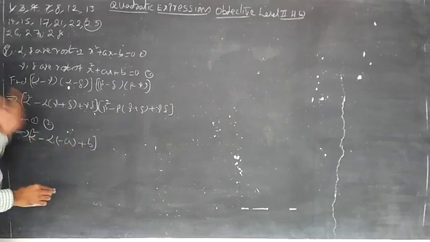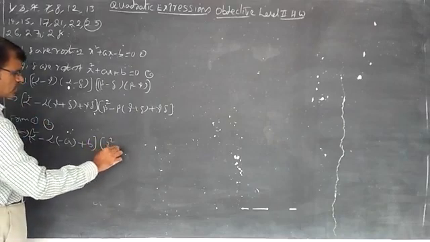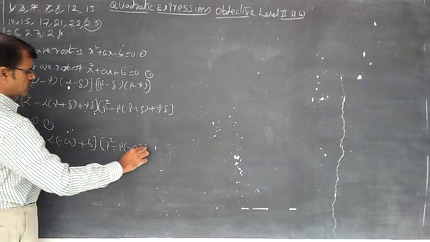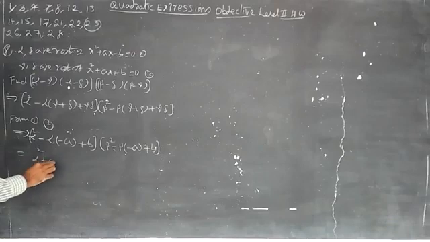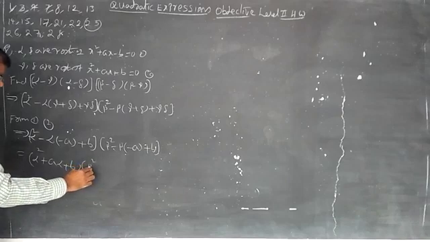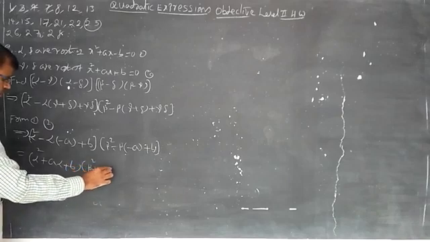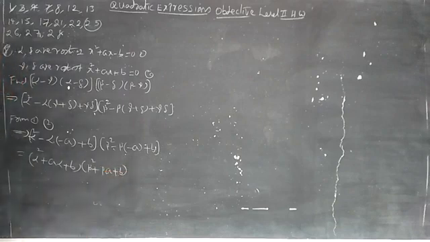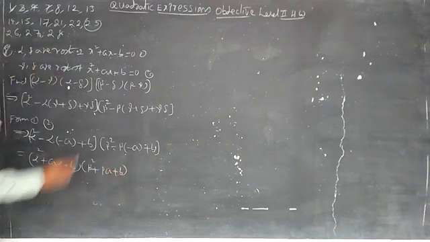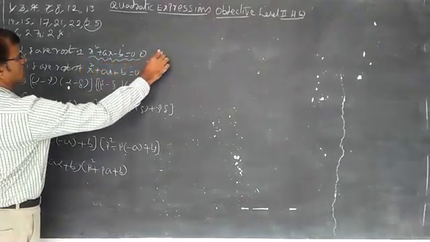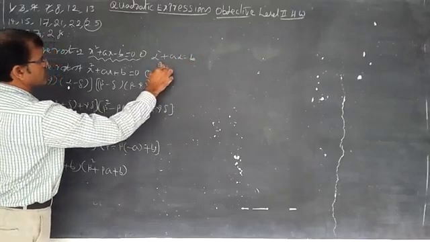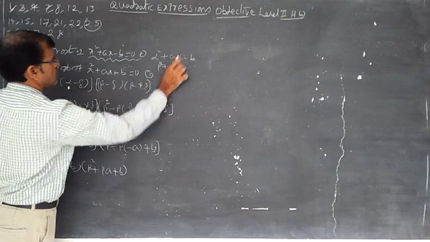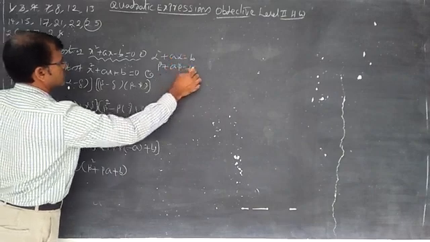Alpha square plus a alpha plus b into beta square minus beta into minus a plus b, that is equal to alpha square plus a alpha plus b into beta square plus a beta plus b. Since alpha, beta are roots of this equation, here alpha square plus a alpha is equal to b and beta square plus a beta is also b.